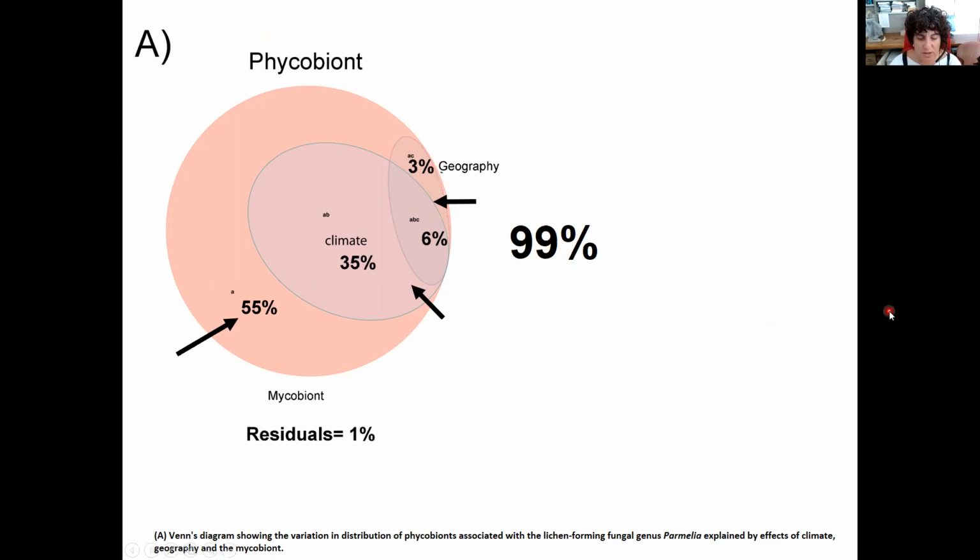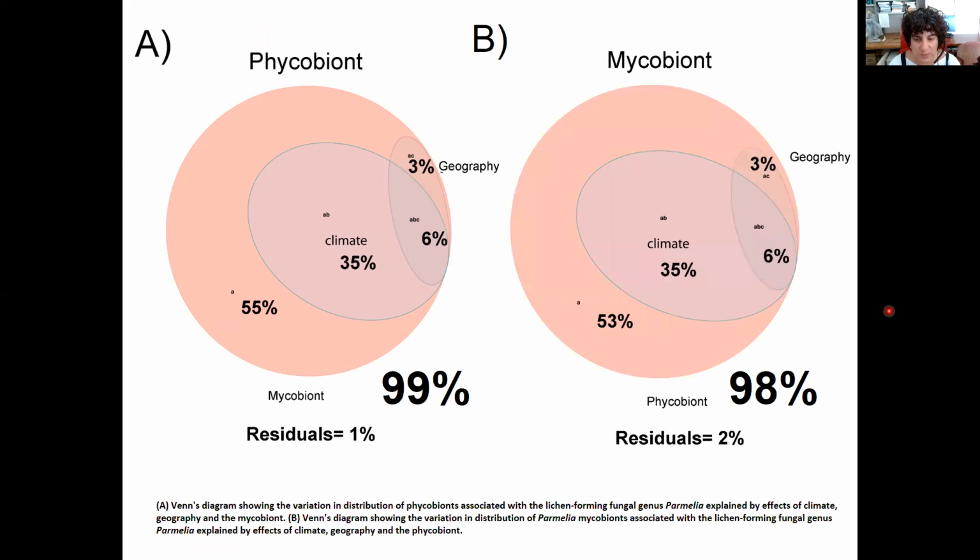Climatic conditions, geography, and the phycobiont explain 98% of variation in the phylogeny of mycobionts. The greatest proportion of the variation was explained by the symbiotic partner, and similar proportions to those in the case of phycobionts were detected for climatic conditions and geography.